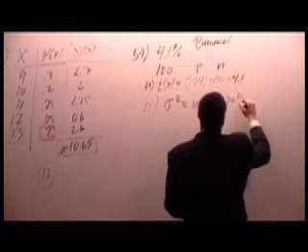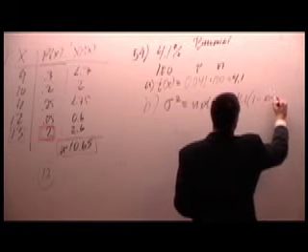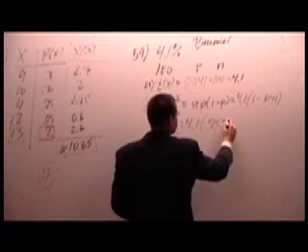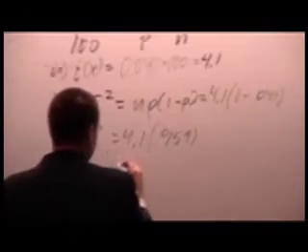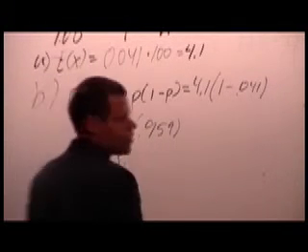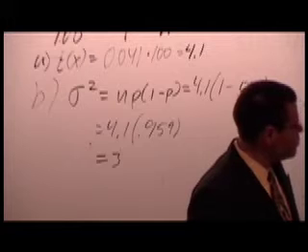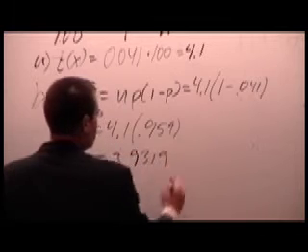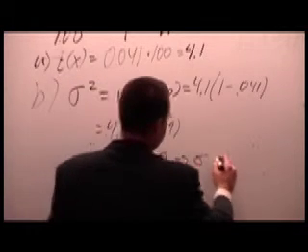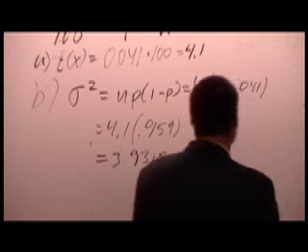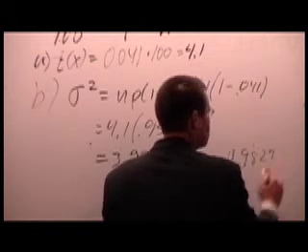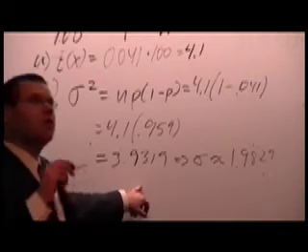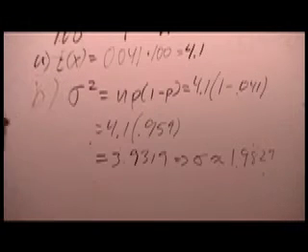So that then is 4.1 times 1 minus 0.041, or 4.1 times 0.959, which is a little less than 4. That's 3.9319, which gives us a standard deviation of the square root of that, which is roughly 1.99829. Because a variance of 3.9 squared unemployed people doesn't help anyone.